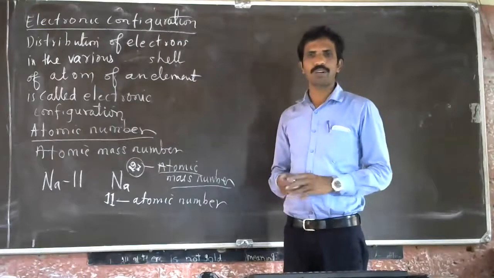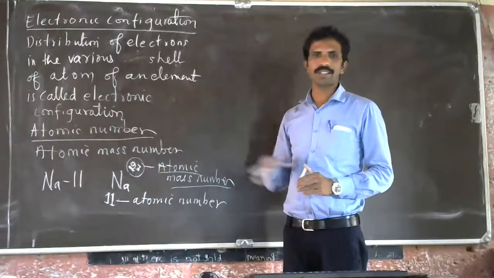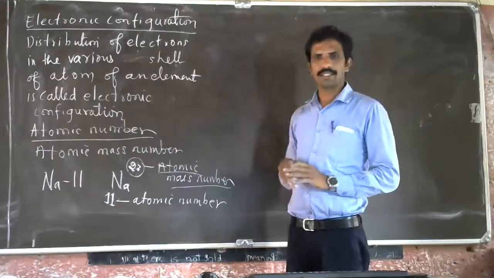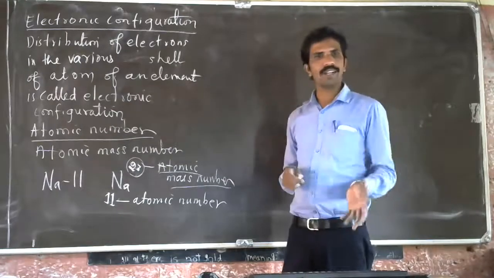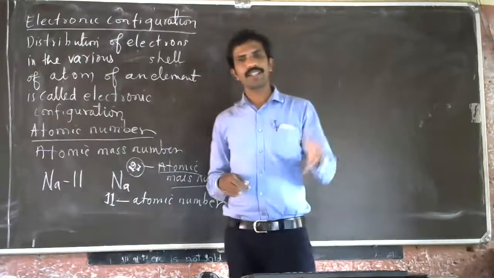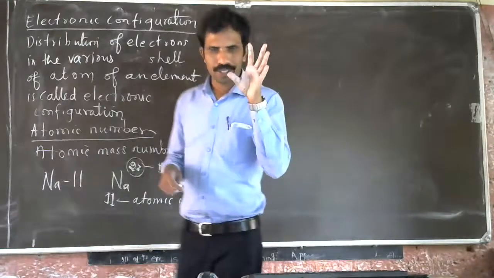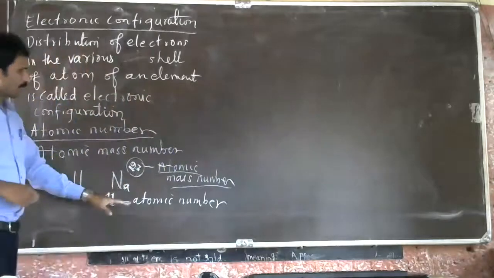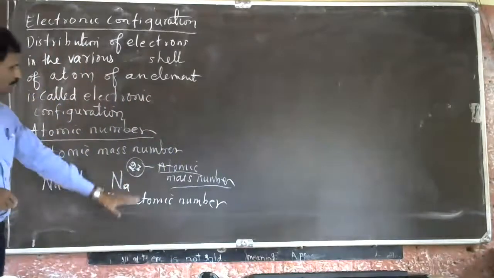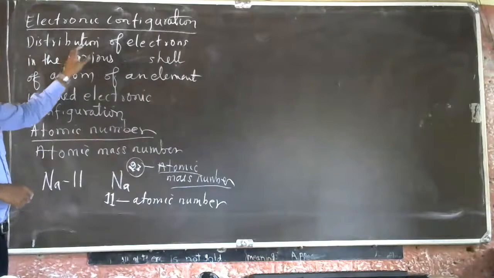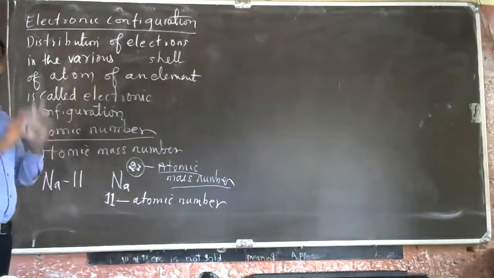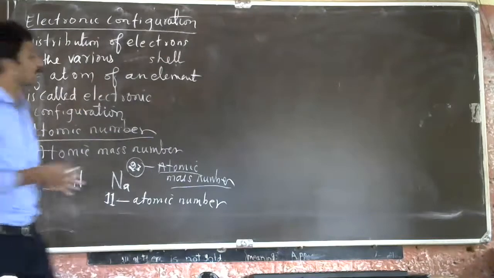According to the Niels Bohr atomic model, electrons are located in discrete energy levels or shells. How the electrons are distributed in the atom of an element is called electronic configuration. So an atom consists of various shells.